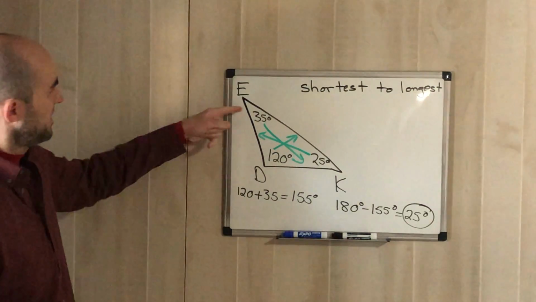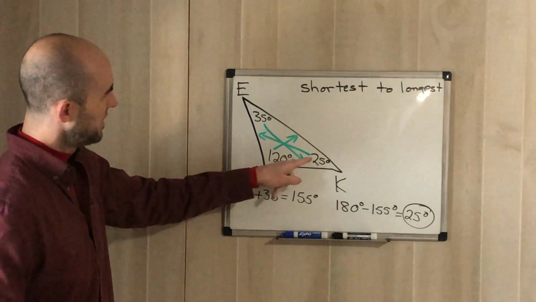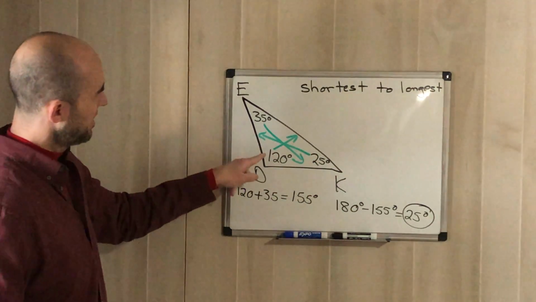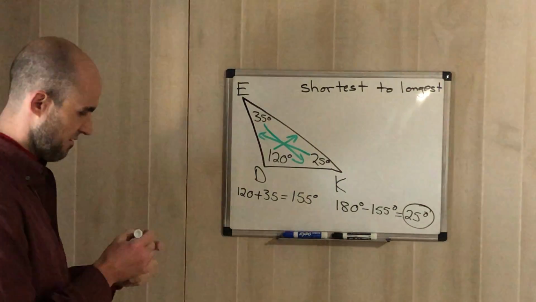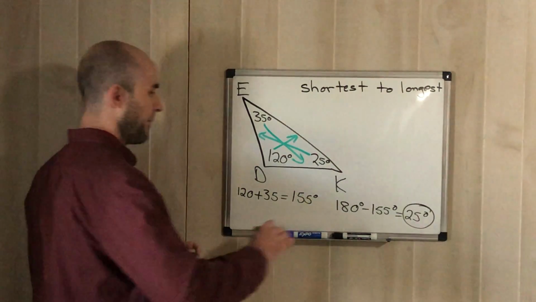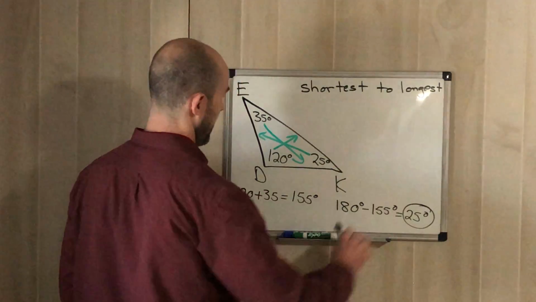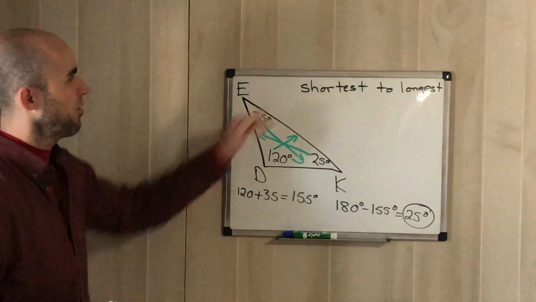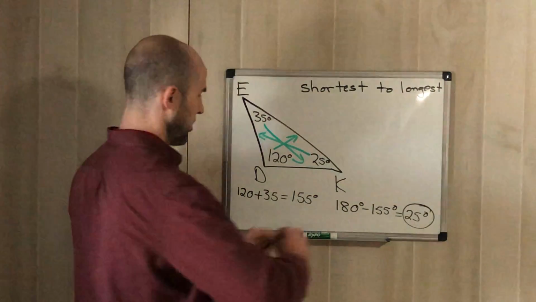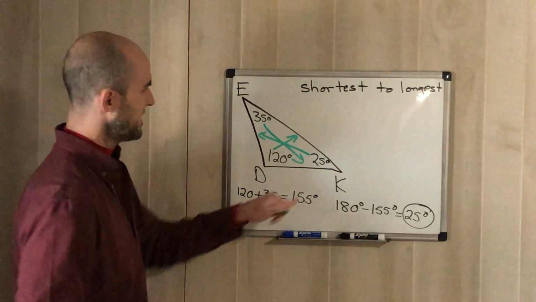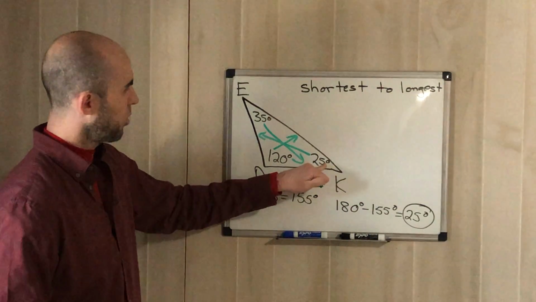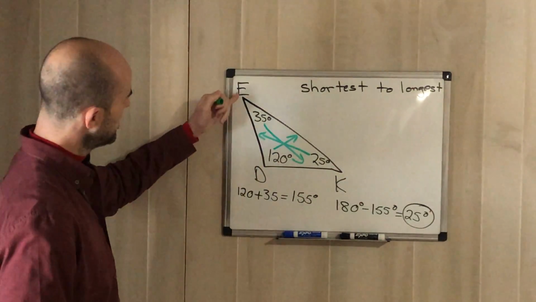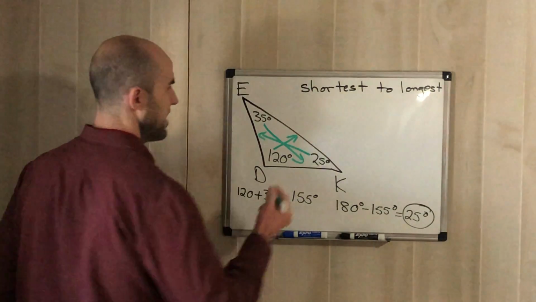Always the opposite. Always across. And then it starts making a lot more sense, right? Because again, we want to go shortest to longest. So think, our shortest angle is 25. The 25 goes to the left, so we know our shortest side is going to be ED.